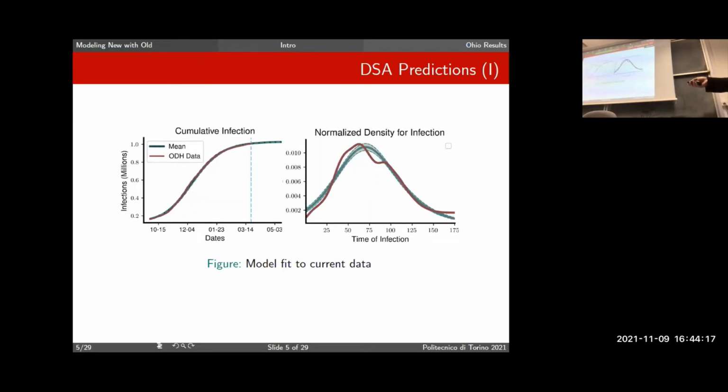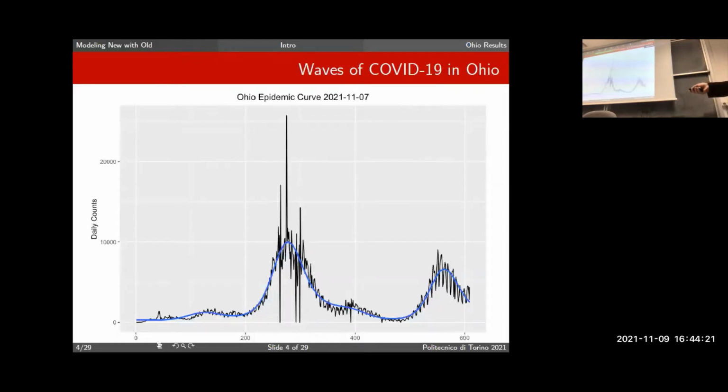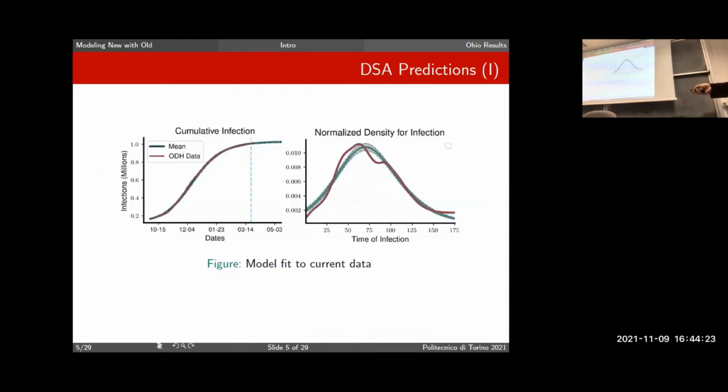This is on a particular wave, not the most recent one, but the one over here. So this was how the wave looked when you smoothed out the empirical data, and this is what we were predicting with our model. It's not super precise, but as far as statistical analysis goes, it's very often quite reasonable.